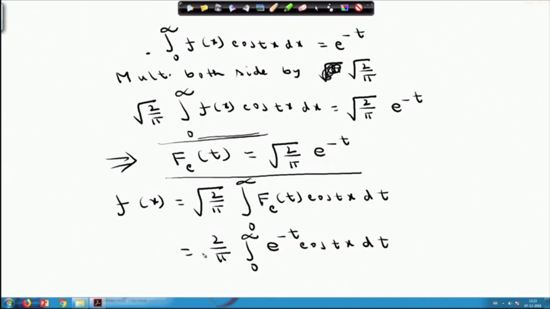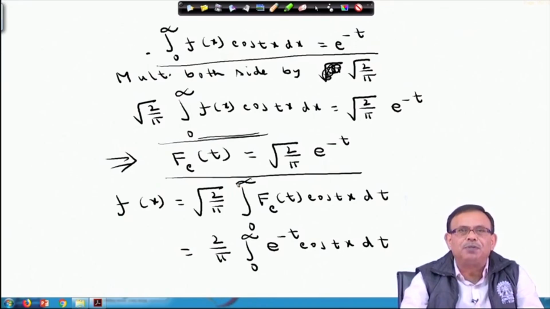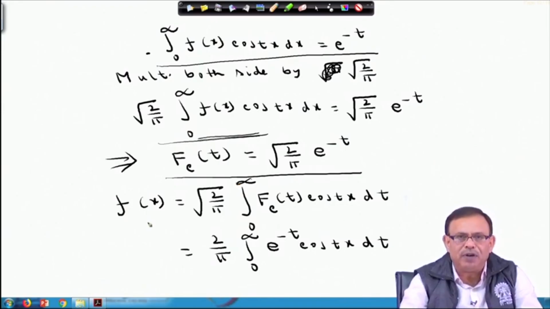So, effectively, multiplying both sides I am getting the Fourier cosine transform. Then using the inverse Fourier cosine transform, I can tell what is f(x).